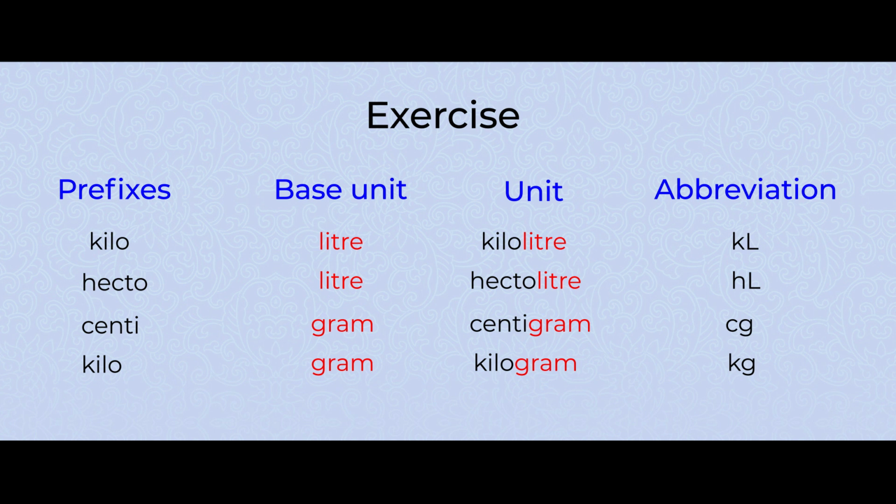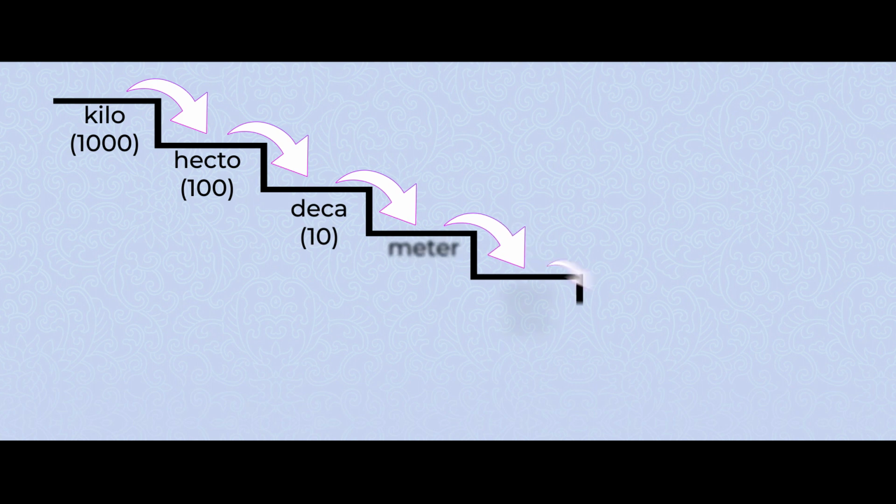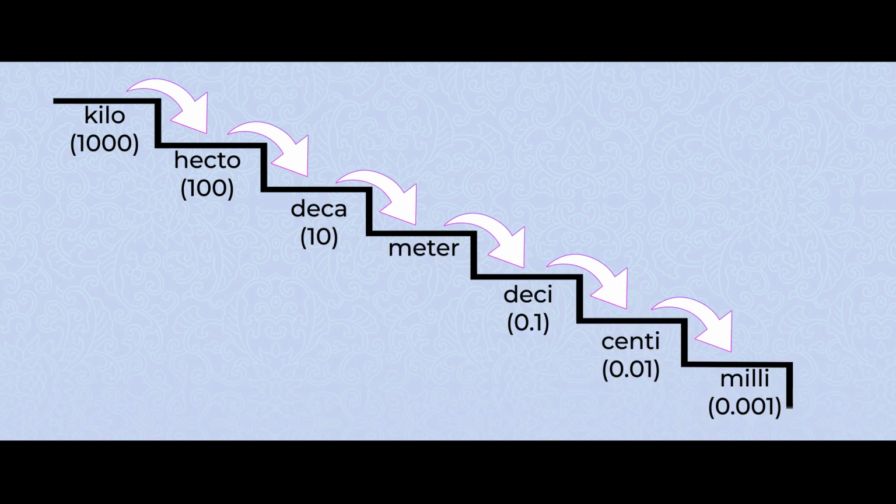Okay. The metric system made our work easier, especially in converting units. All you have to do is just arrange the units from the largest to the smallest in top-down sequence.